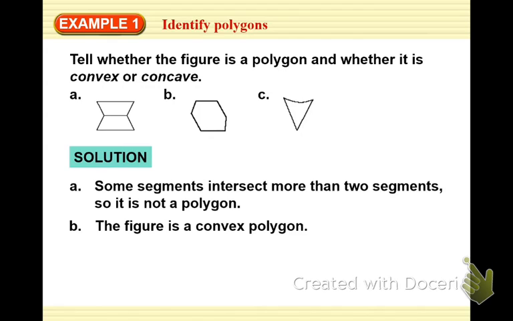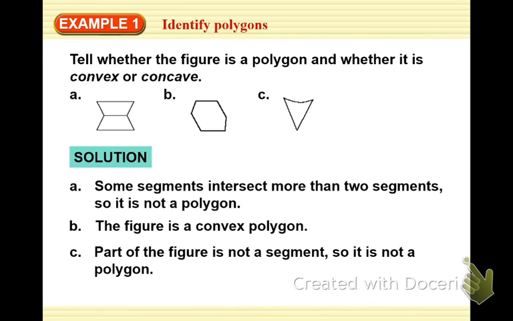Is it a polygon? No. Why not? Because it has a curve. So then, it's not made up of three or more segments. Well, part of the figure is not a segment. Something like that.